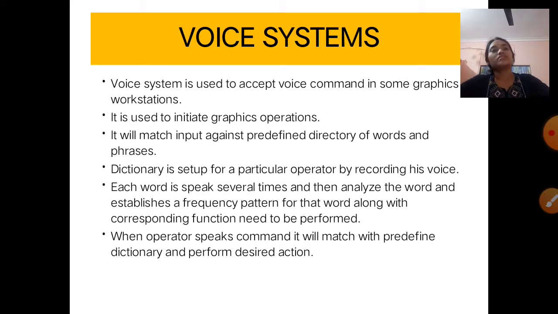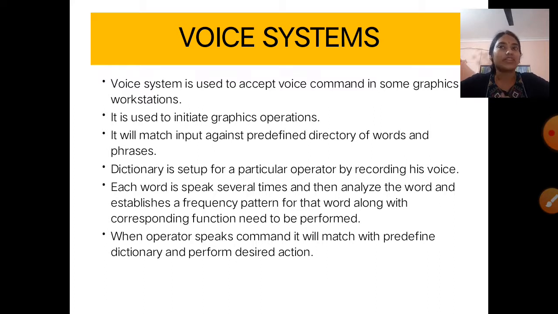Let us discuss the voice system. A voice system is used to accept voice commands in some graphics workstations. It is used to initiate graphics operations. It will match input against a predefined dictionary of words and phrases. Okay.